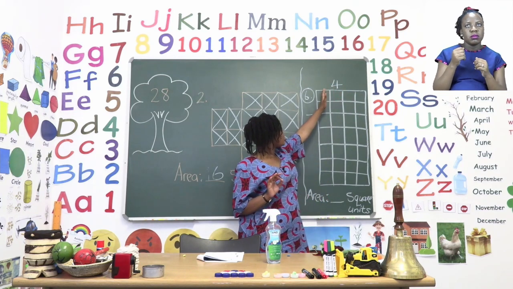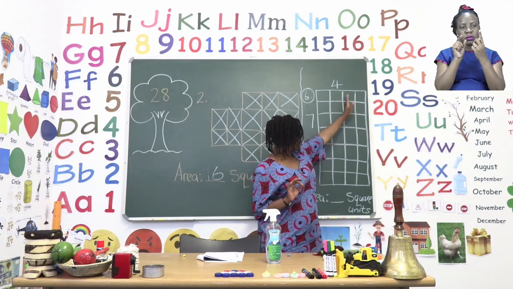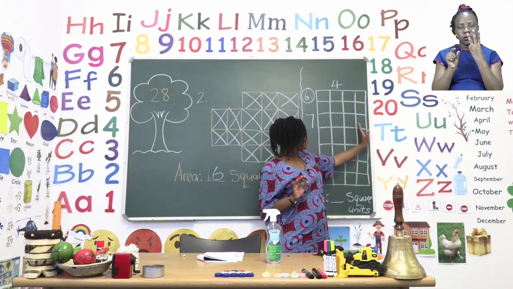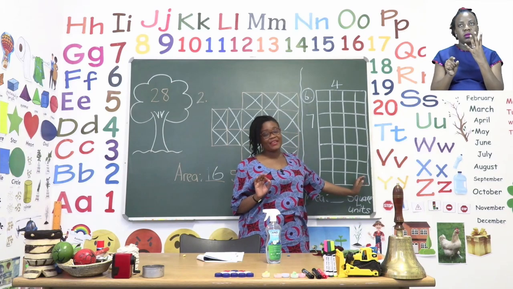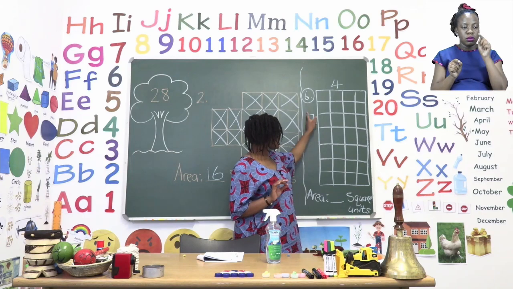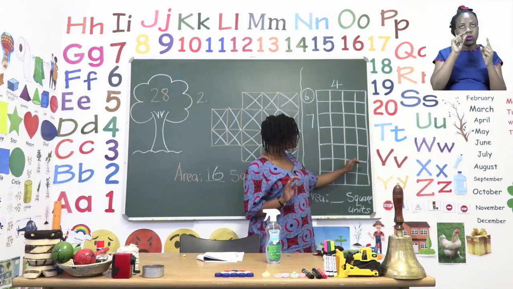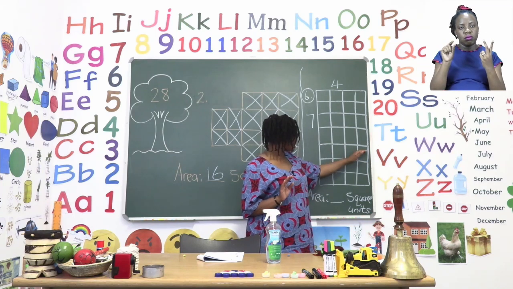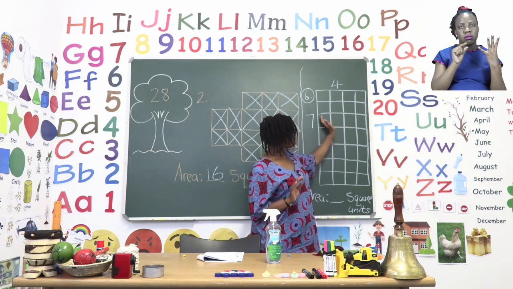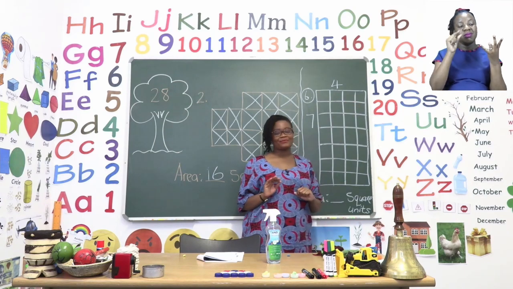So we know that we are going 1, 2, 3, 4 rows. And then for our columns, they have given us 7. So that means we need to draw 1, 2, 3, 4, 5, 6, 7.